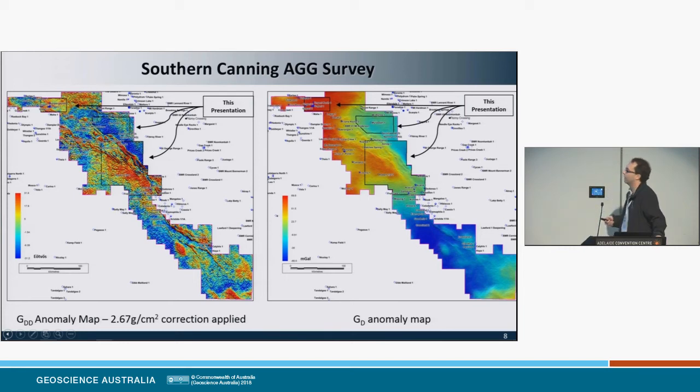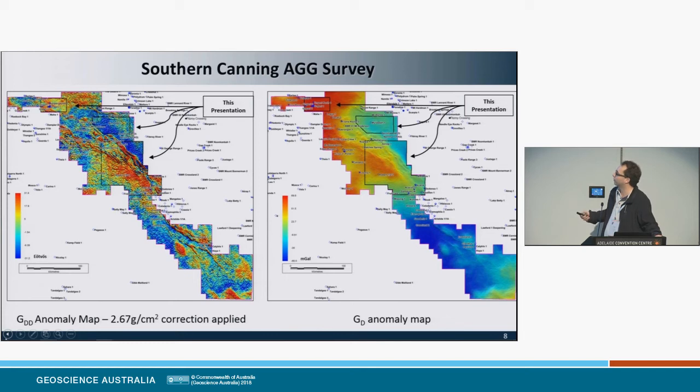So here we have the data that we collected from the Falcon system. We started up here with our little case study at Ungani, and then in 2013 we acquired all this data up through here, and your eyes are immediately drawn to certain features along through here, where you've got the Fenton Fault defining the platform areas to the south, and then the Fitzroy Trough up in through here, and all sorts of interesting looking faults that run through here.